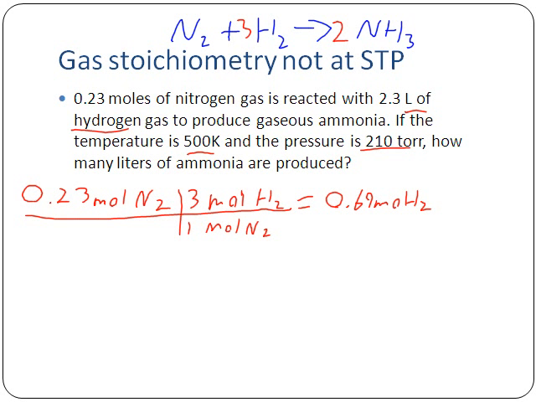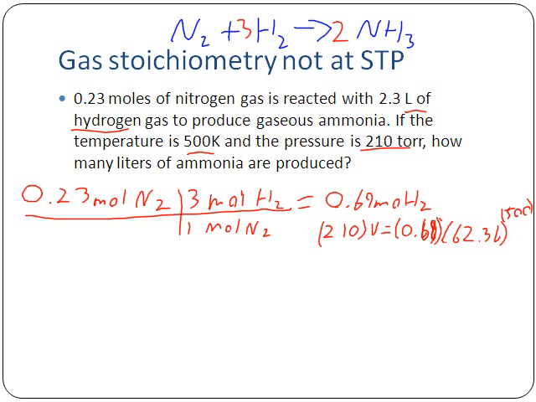So the pressure in this case is 210 torr times the volume, which is what we're looking for, equals the number of moles, which is 0.69, times 62.36 times the temperature, which is 500 Kelvin.